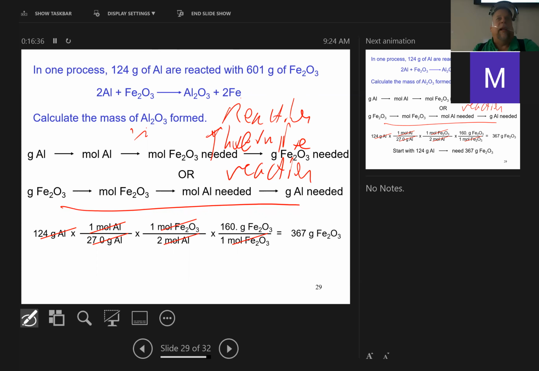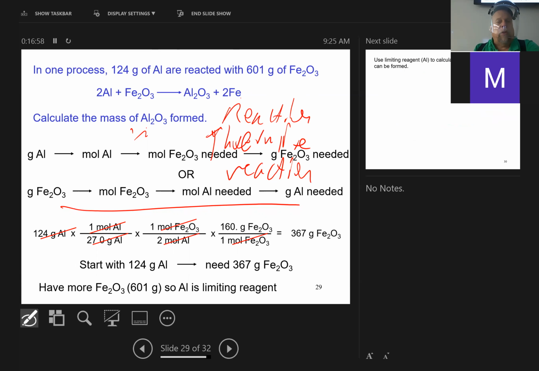I always found it easier just to do both and see what gives you less product, okay? Whichever way works for you is better, but we all don't think alike. So you start with 124 grams of aluminum, you need 367 grams of iron oxide. You have too much, so that means aluminum is the limiting reactant.